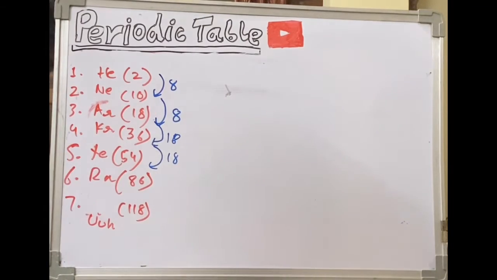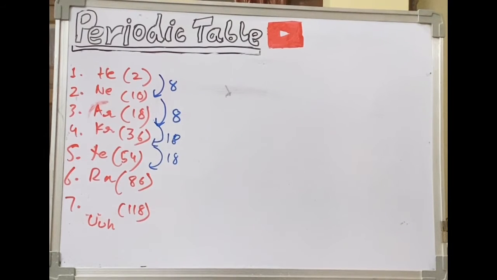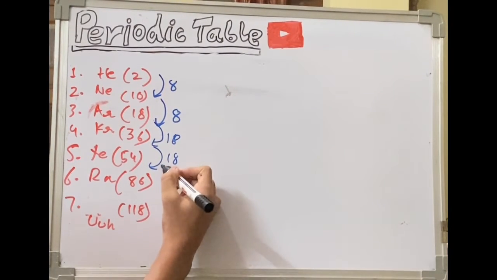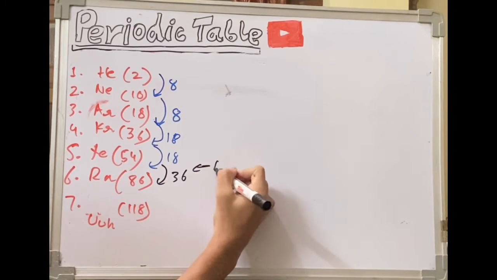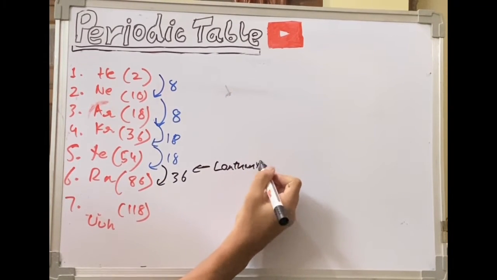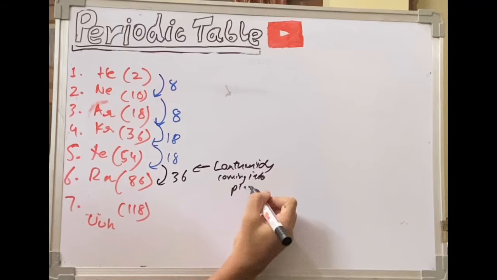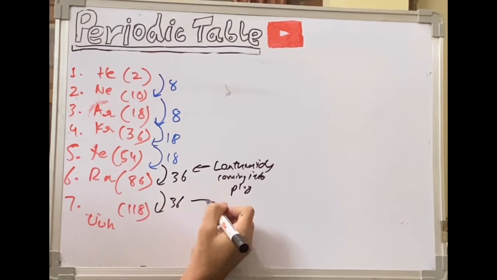However, due to the lanthanide series, period 6 can accommodate more elements, so the effective difference of atomic numbers will of course change. So now this changes from 54 to 86 because of lanthanides coming into play. And then there is again a change for 118 because of actinides.